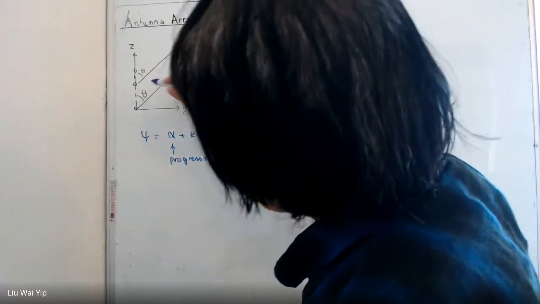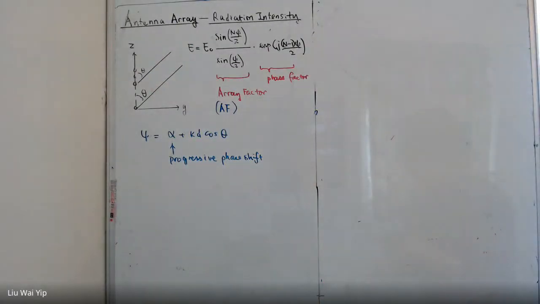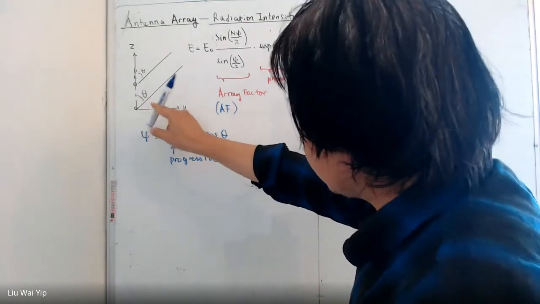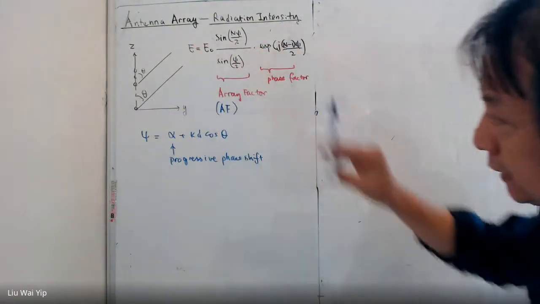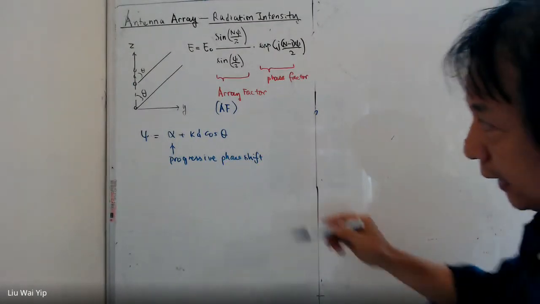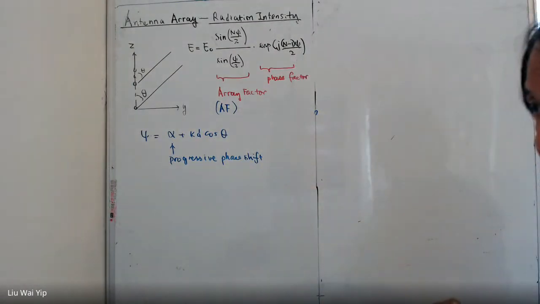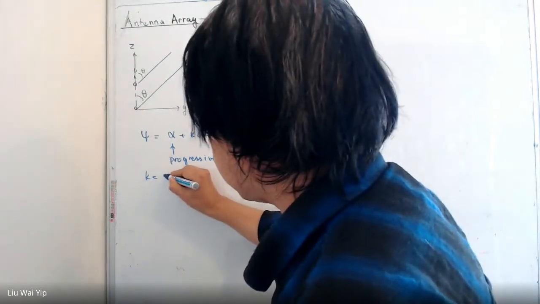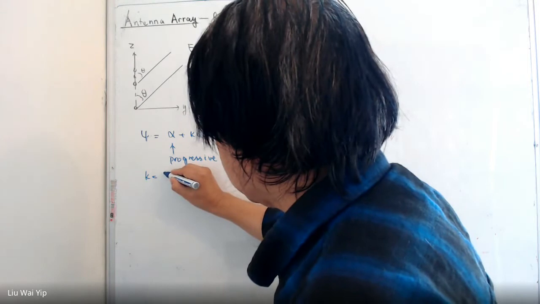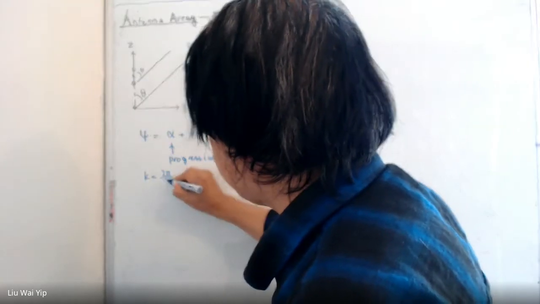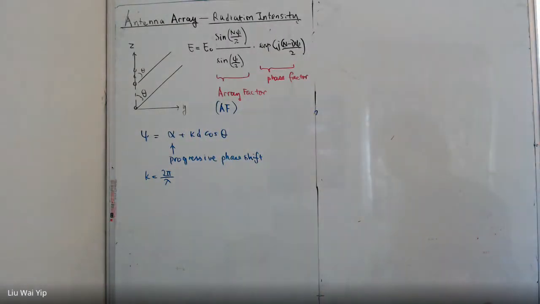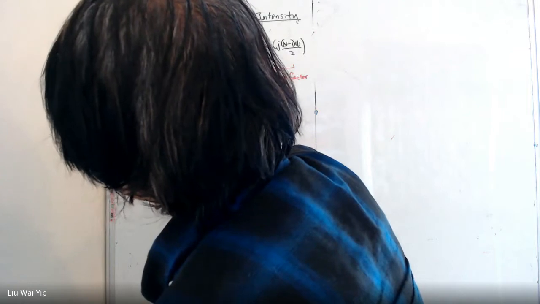And theta here is the polar angle indicating the direction of the destination. And k here is the wave number, 2 pi divided by lambda. And d is the spacing between two neighboring elements. So this is the spacing d.